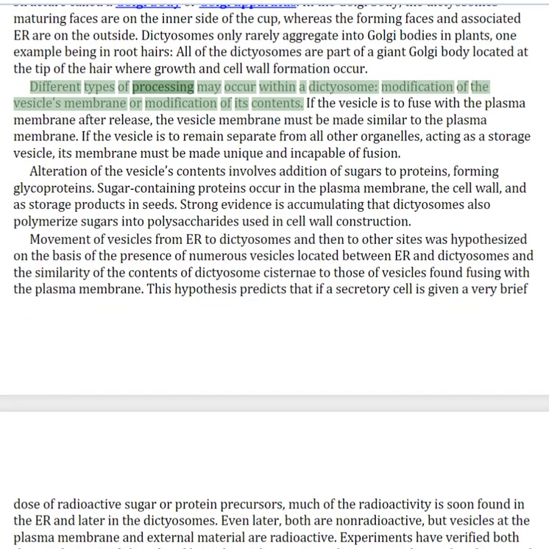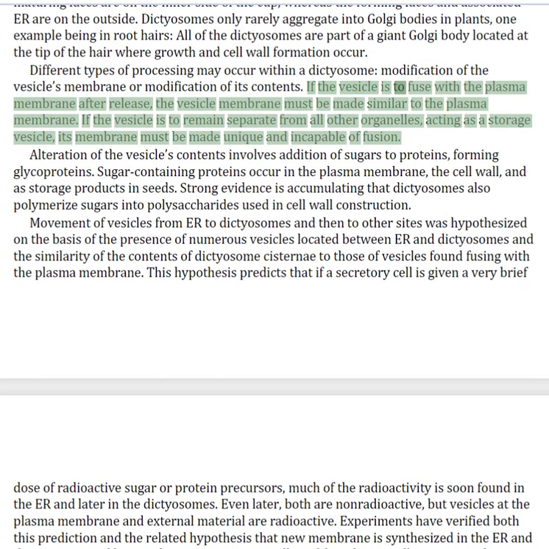Different types of processing may occur within a dictyosome: modification of the vesicle's membrane or modification of its contents. If the vesicle is to fuse with the plasma membrane after release, the vesicle membrane must be made similar to the plasma membrane. If the vesicle is to remain separate from all other organelles, acting as a storage vesicle, its membrane must be made unique and incapable of fusion.